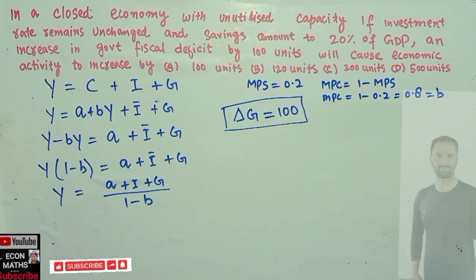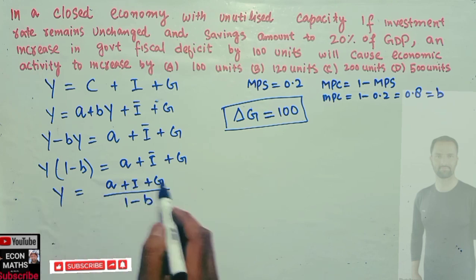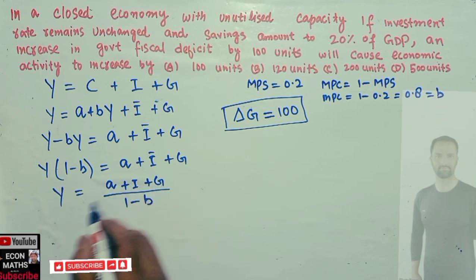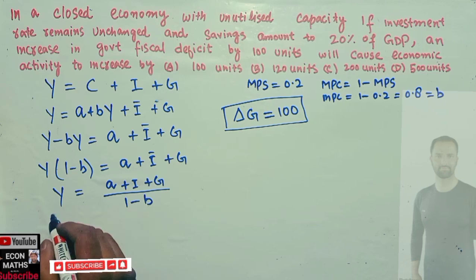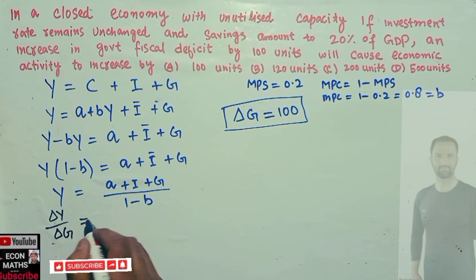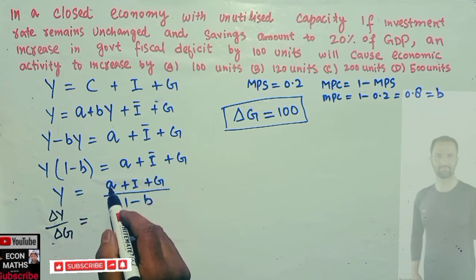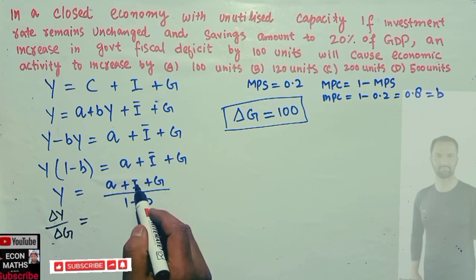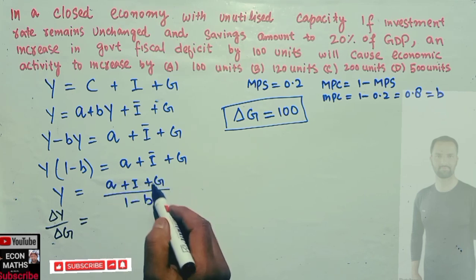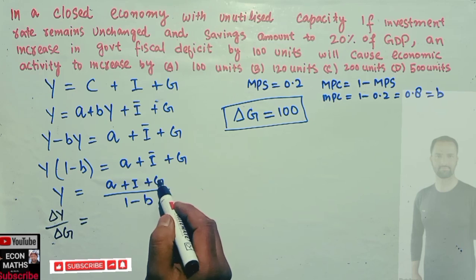So it simply means we need to differentiate this very equation with respect to g. That is, we need to take the derivative, del Y upon del G. Here a and I are constants, and the only variable is g.